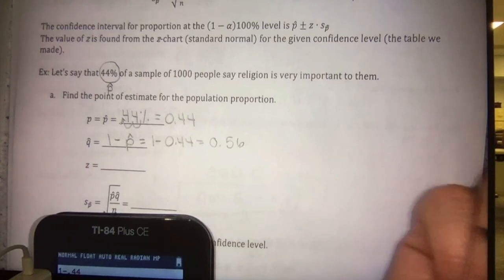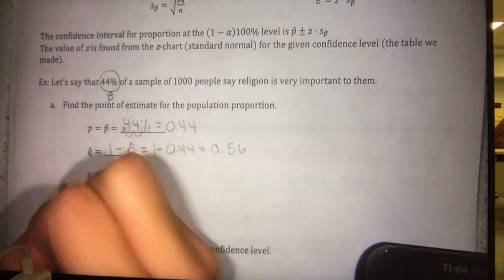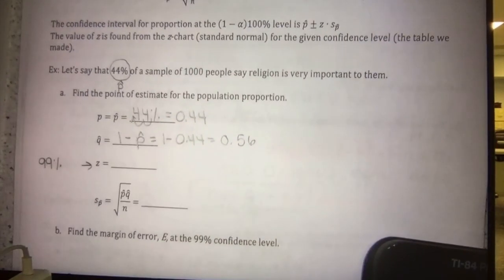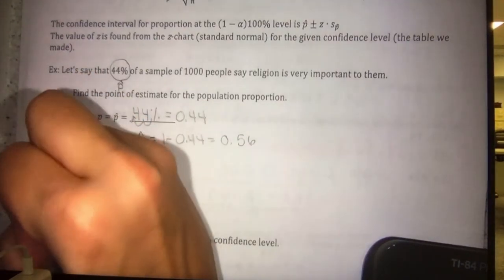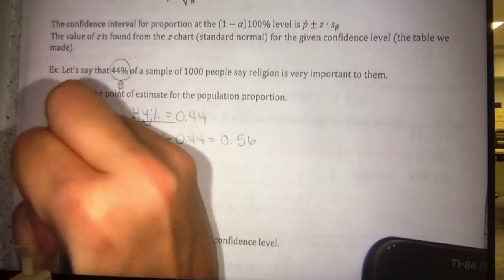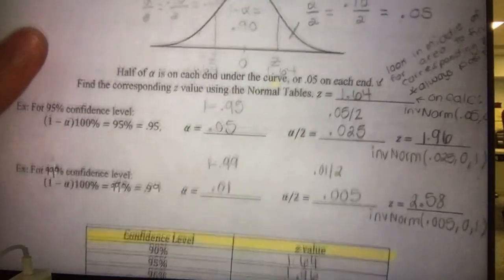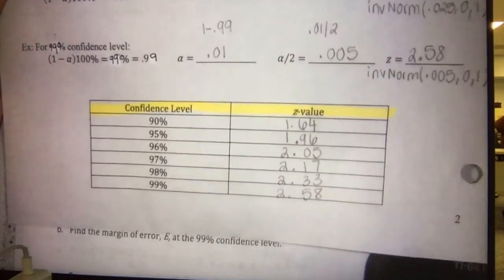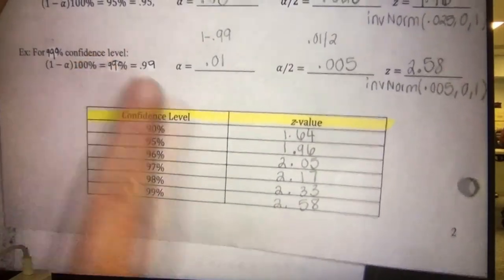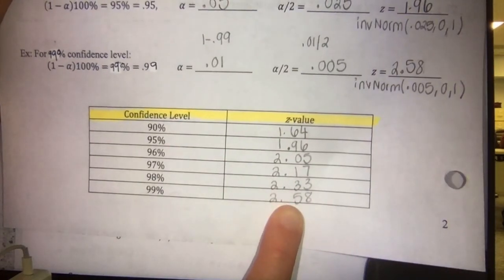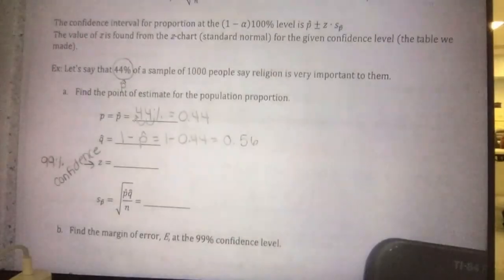So I forgot to say, whenever I typed this out, that we're going to use a 99% confidence interval. So if we use 99% confidence, let's go back to that table that we used at the beginning of chapter 8. I'll pull it up right here for you. This was the table that we found at the beginning, saying if we're 99% confident, we're going to have a z value of 2.58.